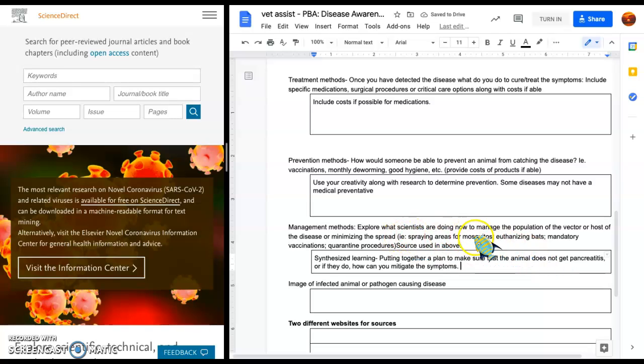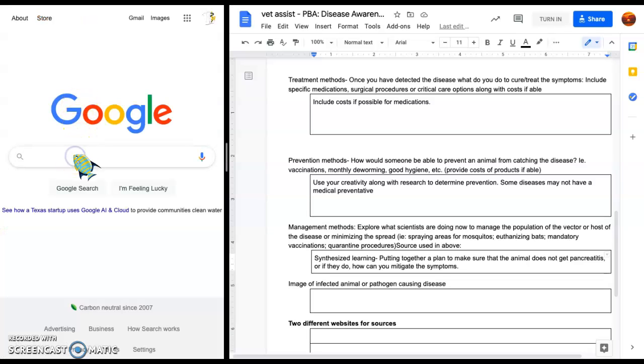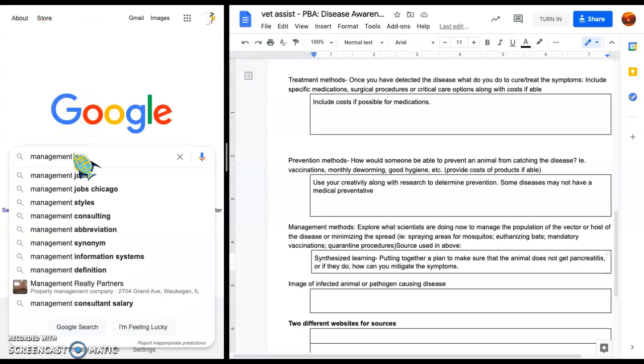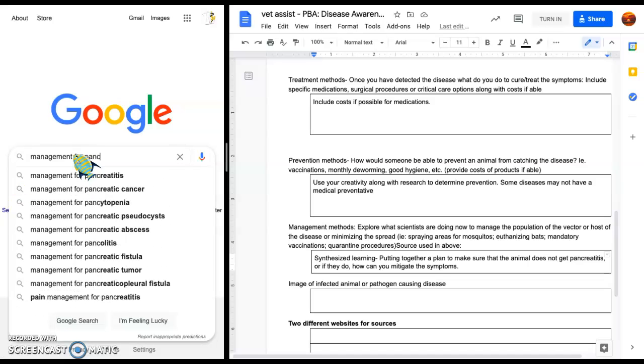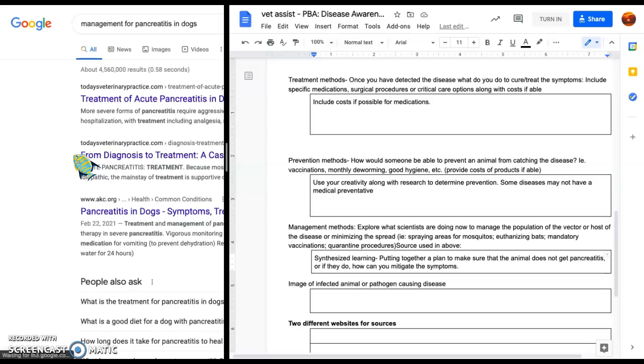So we're exploring what scientists are doing. We can do different studies. Maybe there's different foods out there that I want to look up, so I can just do a Google search. So I'm going to go to Google, and maybe I'm going to search management of pancreatitis in dogs, and see what comes up.